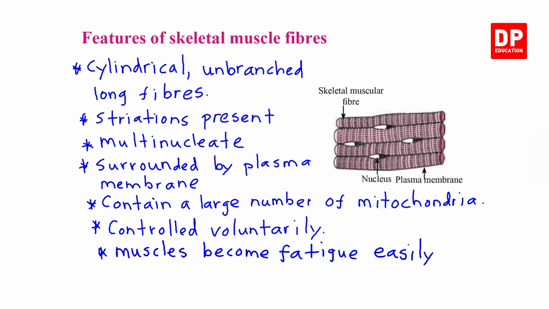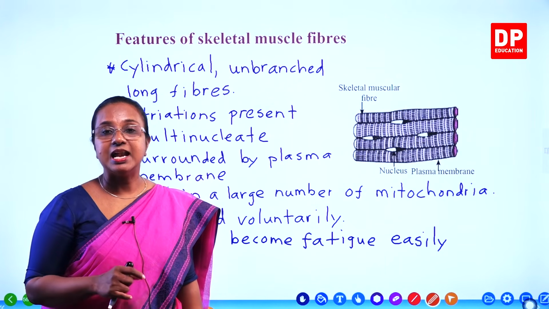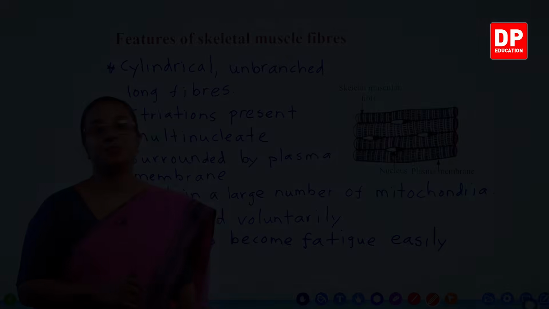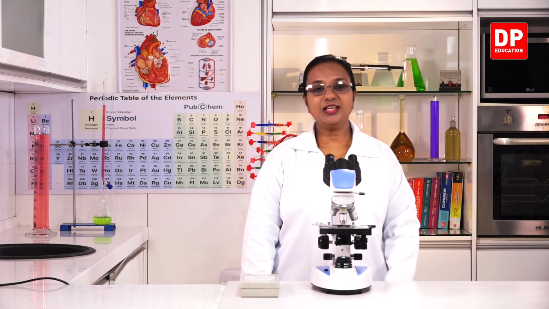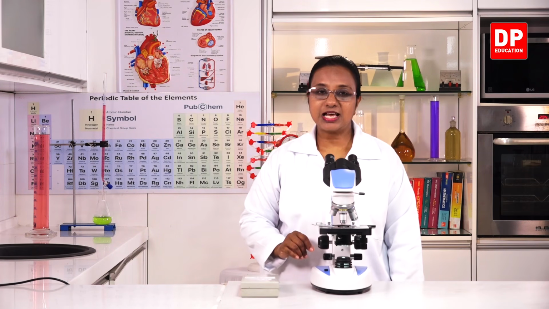We will try to identify the features of skeletal muscle by observing the permanent slide under light microscope. Now we are going to observe the skeletal muscle tissue. So here I have a set of permanent slides.